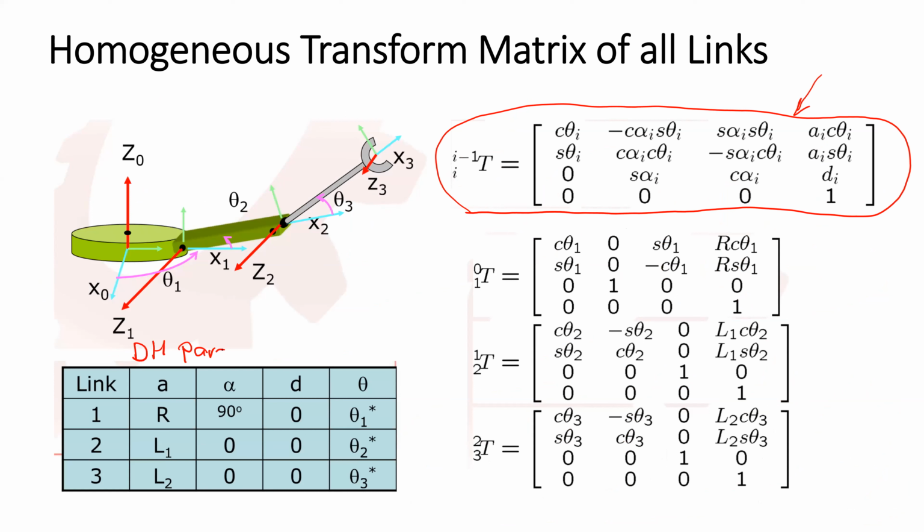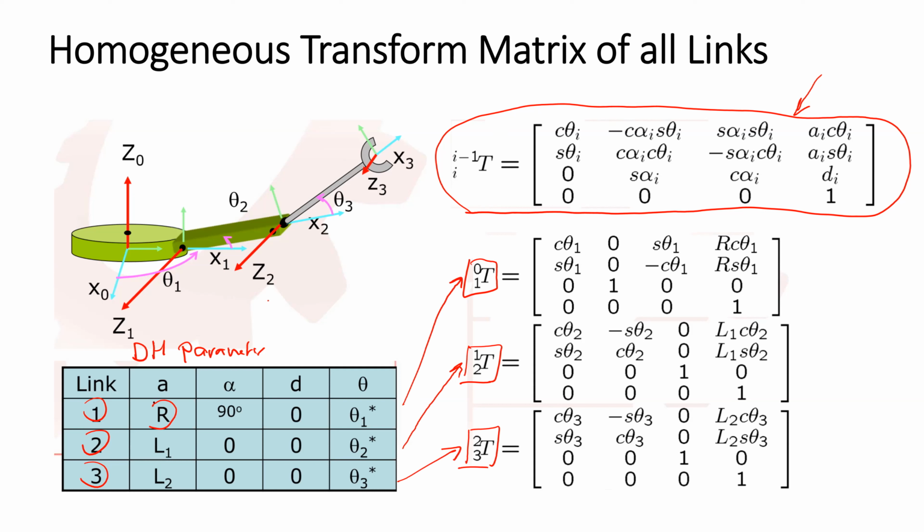We derive the DH parameter of each link, and for link 1, you can compose the homogeneous transform that relates frame 1 with frame 0. For the parameters of link 2, you can create the homogeneous transform of link 2 with respect to link 1, and also for link 3.